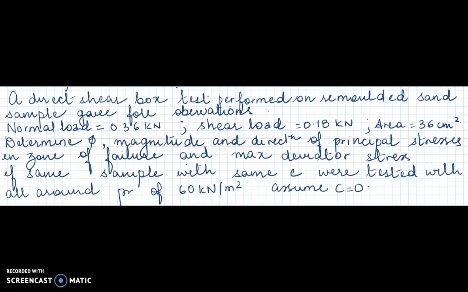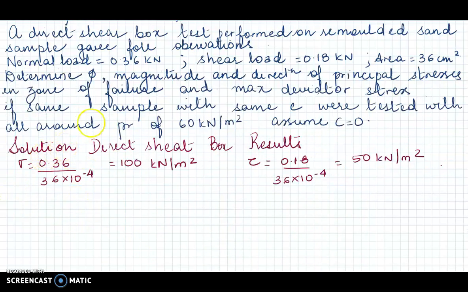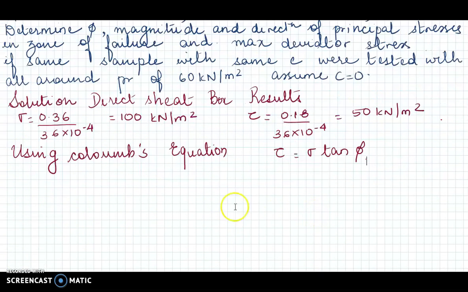Now let's solve this. The first thing is you're given normal load and shear load. You need to convert them into normal stress and shear stress, so divide by area. Now using Coulomb's equation, we get tau is equal to sigma tan phi. What is Coulomb's equation? Tau is equal to c plus sigma tan phi. Why am I directly writing sigma tan phi? Because c is equal to 0, as given in your problem.